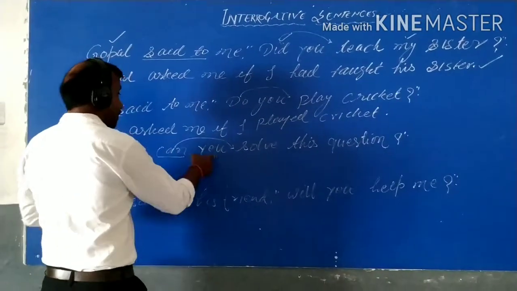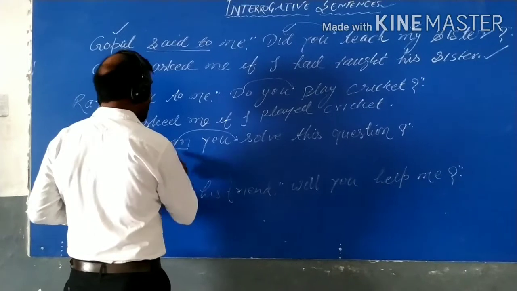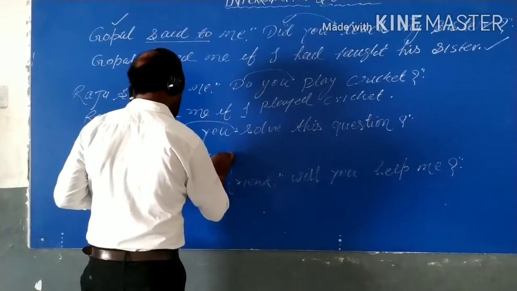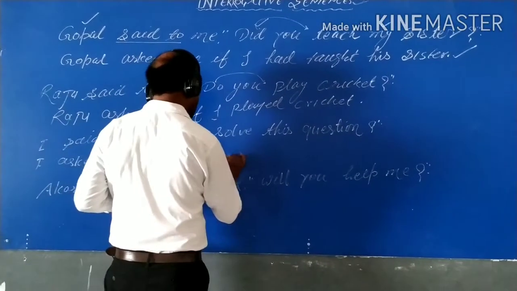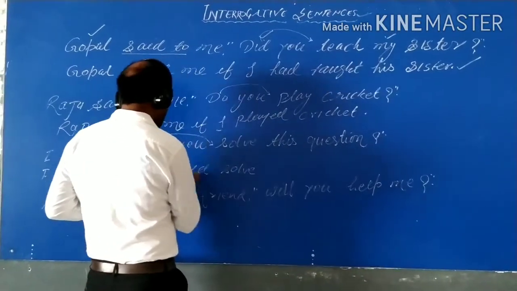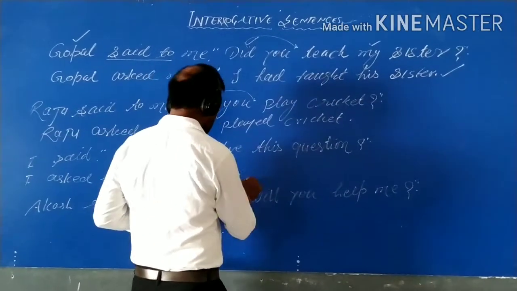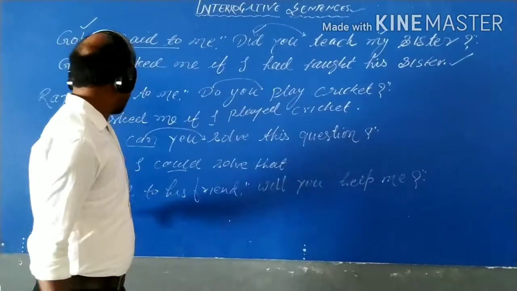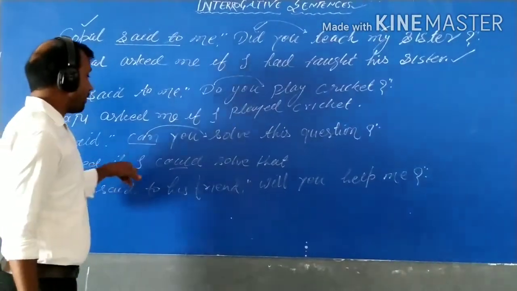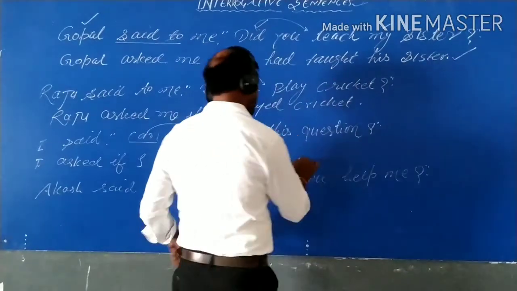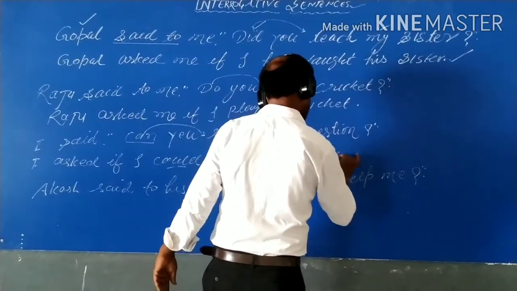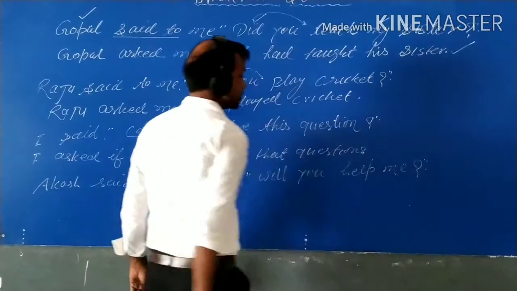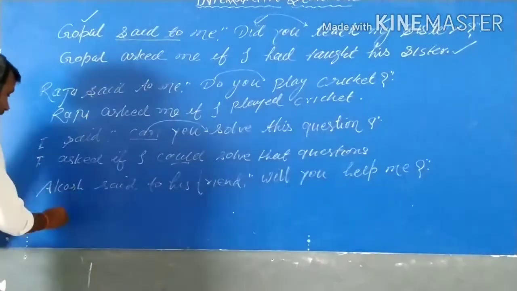So you will change into I, can will change into could, because with could we have to use the first form. This will change into that. So: I asked if I could solve that question.